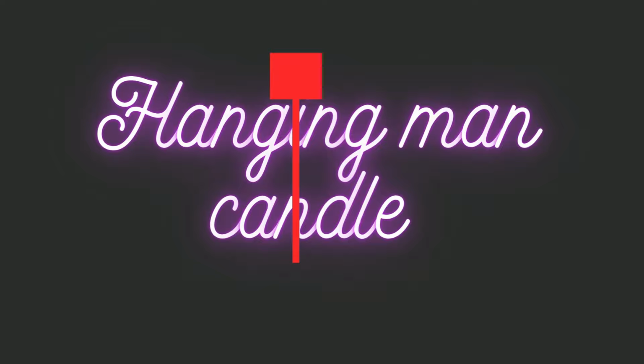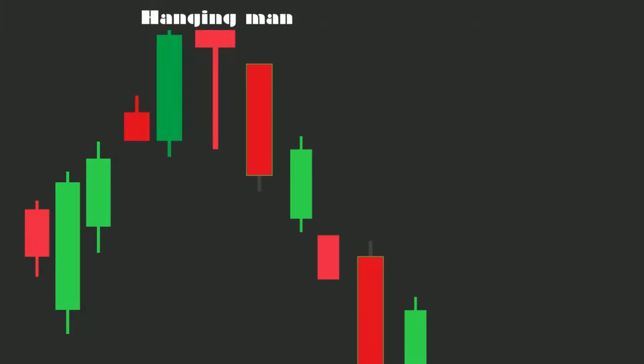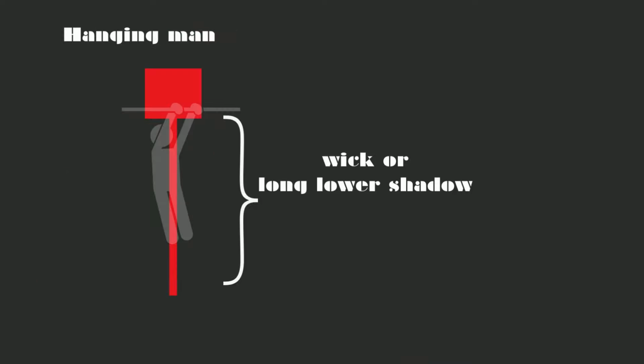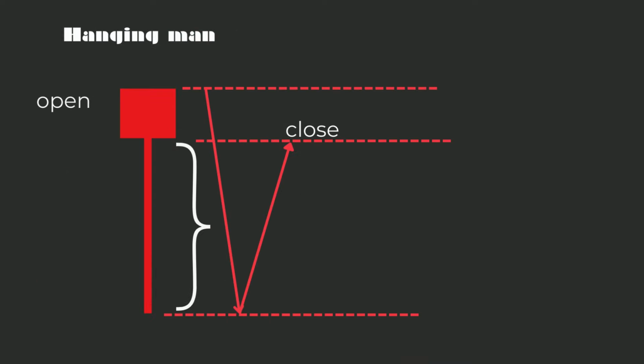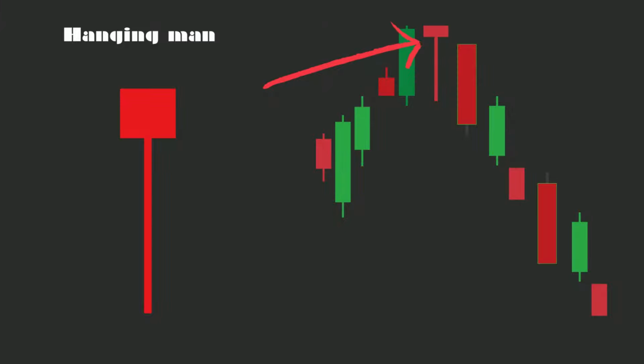Next, the bearish umbrella candle, or hanging man. This appears after an uptrend and signals a possible downward reversal. The long lower shadow shows sellers trying to take control. The real body is small and located at the upper end of the trading range.